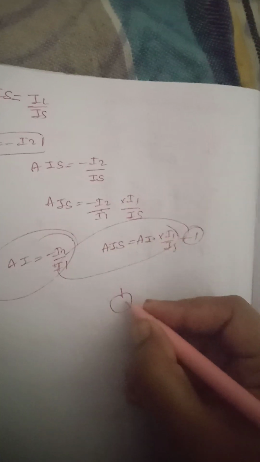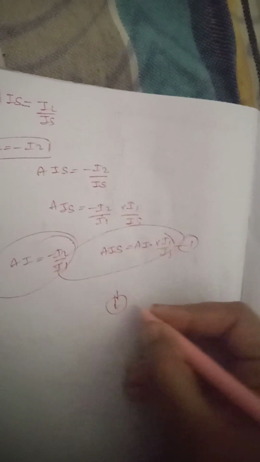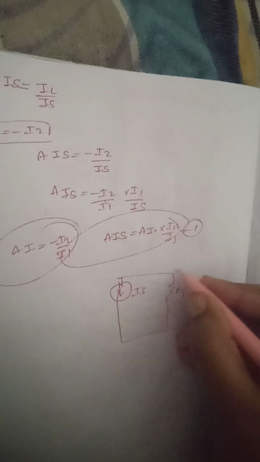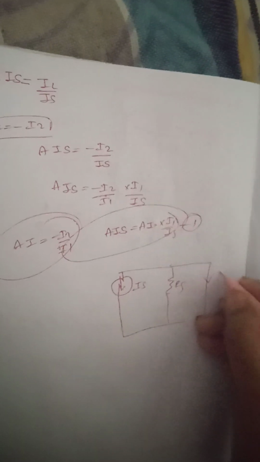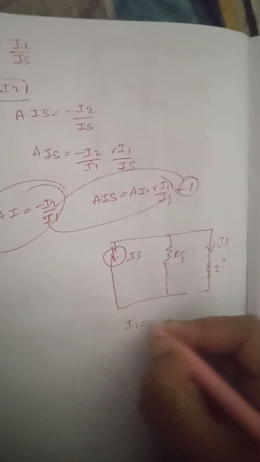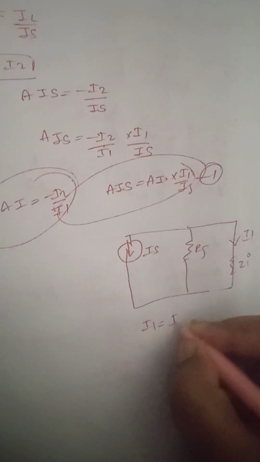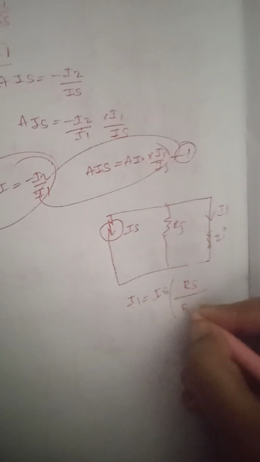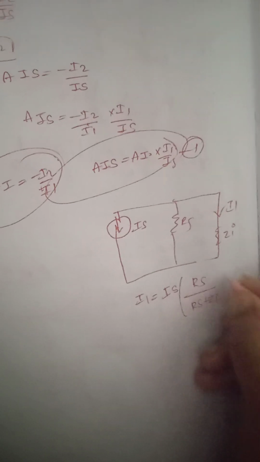Now let us consider a diagram. Here we have I1, Is. Here we have Rs. Here we have I1 and here we have Zi. From this diagram we can write I1 is equal to Is into Rs by Rs plus Zi.